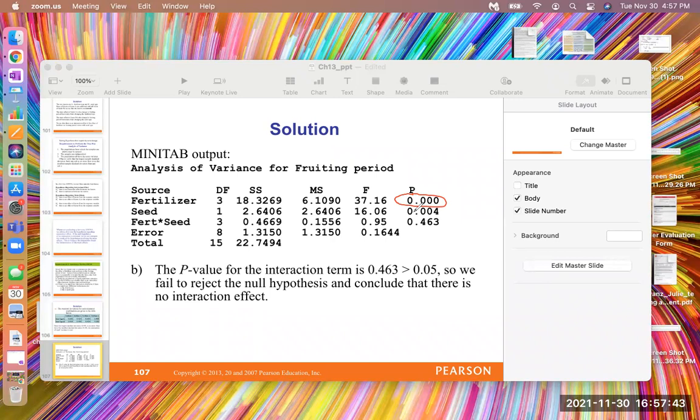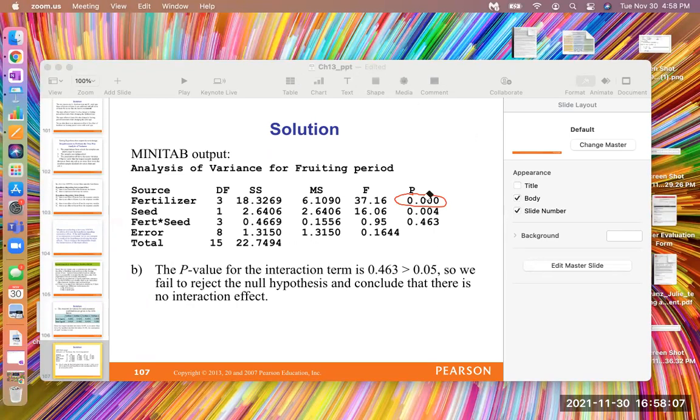And if the p-value is low, then we reject that, and we think that there is a difference in the different fertilizers and how they're affecting the fruiting period. So the p-value here is 0, so it is less than 0.05. So we reject the null hypothesis for fertilizer, and we say that one of these fertilizers is in fact working better than the others.